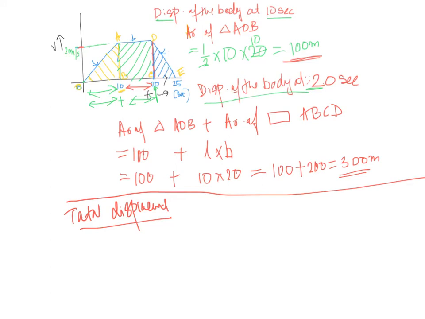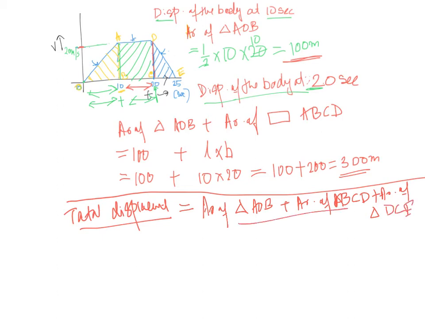Total displacement is nothing but area of triangle AOB plus area of ABCD plus area of triangle DCE.